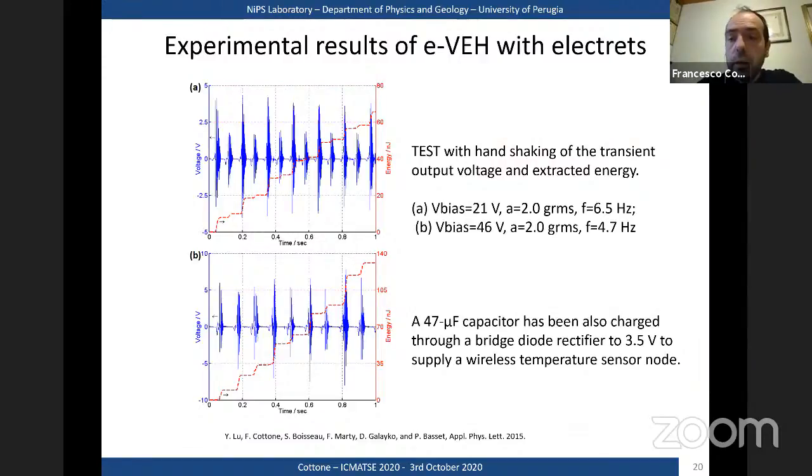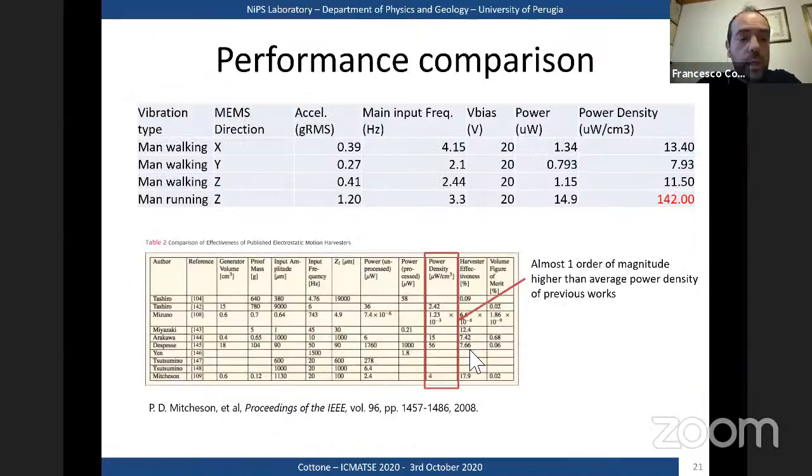Okay, this is just a comparison with other similar devices, similar generators, and our generator actually showed a very high power density, as I said before, more than 142 microwatts per cubic centimeter, which is quite remarkable.